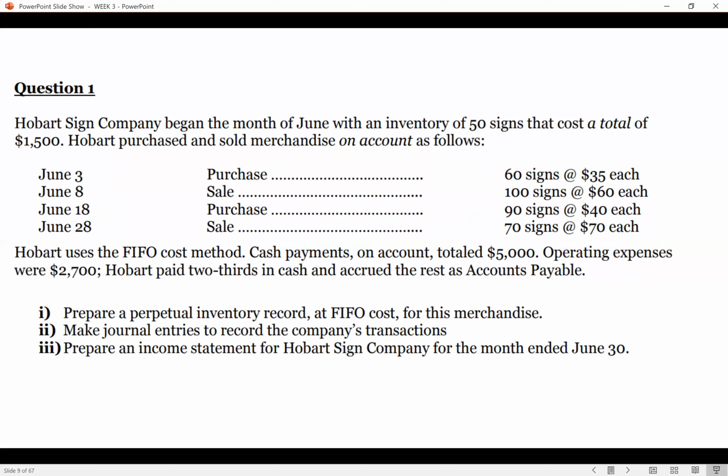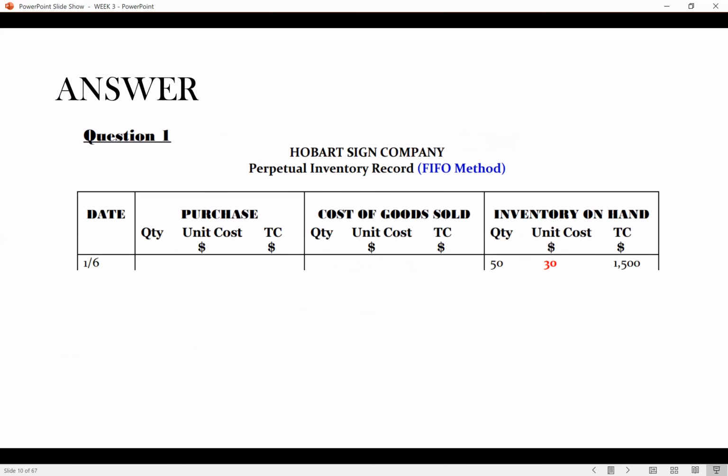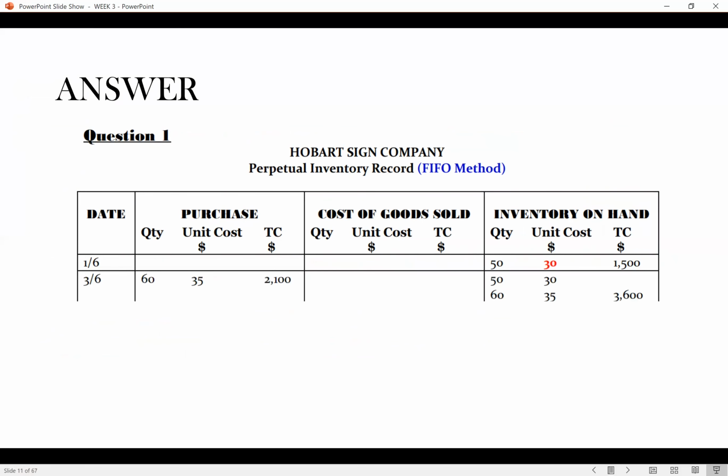So on June 3rd, he purchased 60 signs at $35 each. So this is a purchase. Where is this going? Under a purchase column. So what we had before was 50 for 30 at 1,500. So the next one, June 3rd, under the purchase column, we have what?